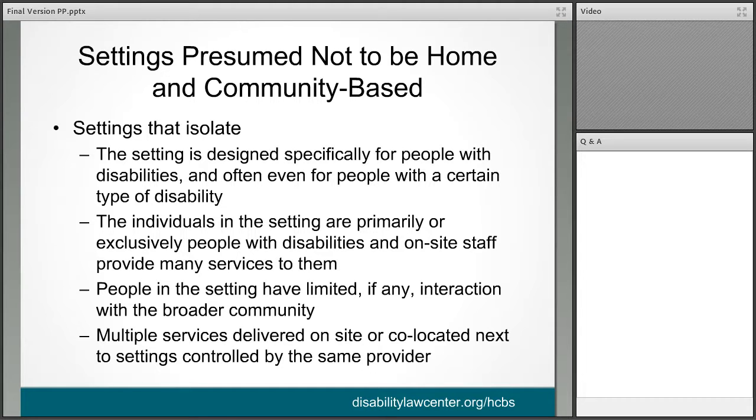Here, people are going to have highly regimented schedules, probably less choice over how they spend their day, and also they're going to have less opportunity to spend time in the community. And so that's what an institution looks like. And again, we're trying to make sure that our community services actually look community-based. And so here are the different parts that CMS has said are settings that isolate.